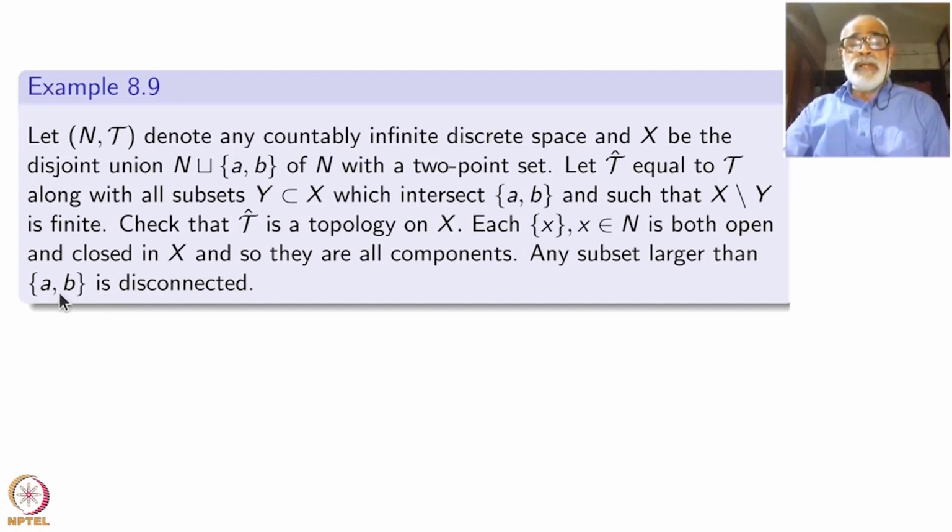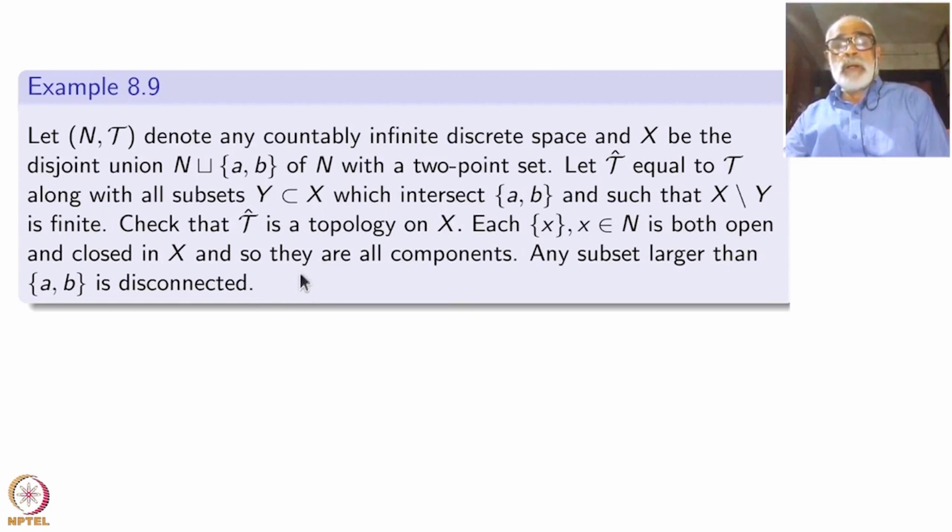Therefore {A, B} itself is disconnected. Therefore anything larger than {A, B} will be also disconnected. So this shows that this topology tau hat is totally disconnected. All the singleton points are components. All the components are singletons.